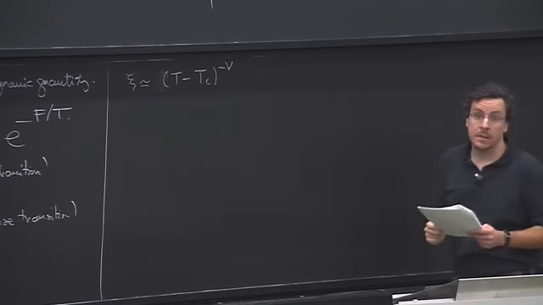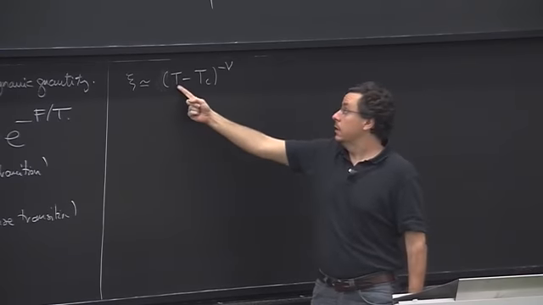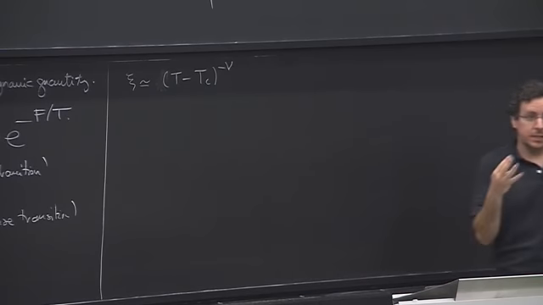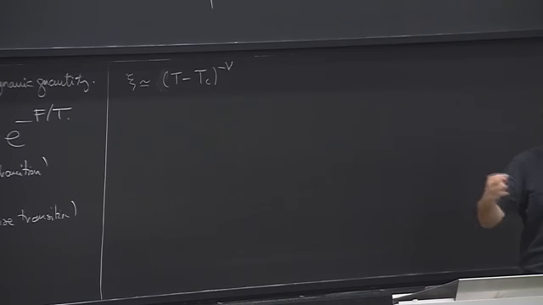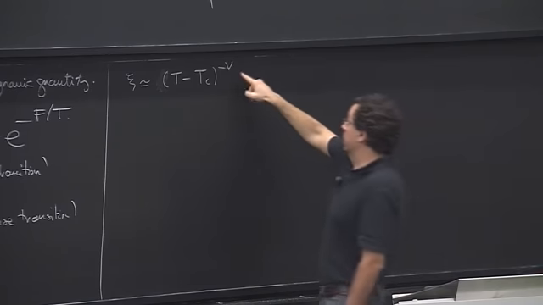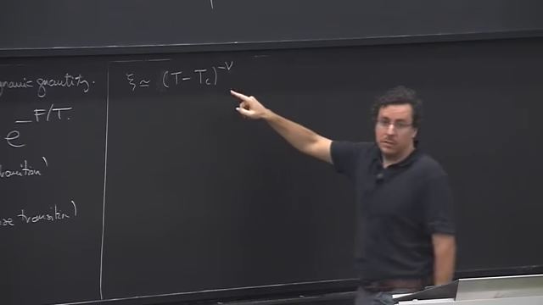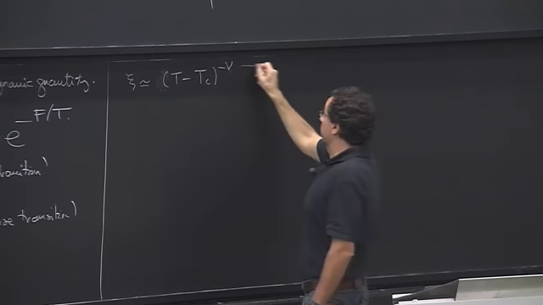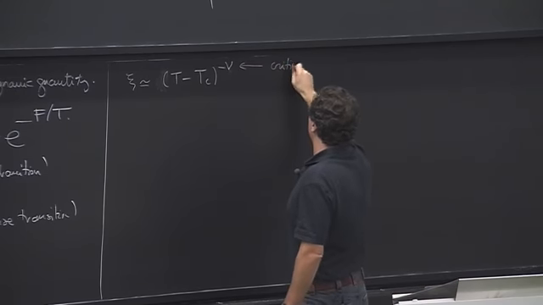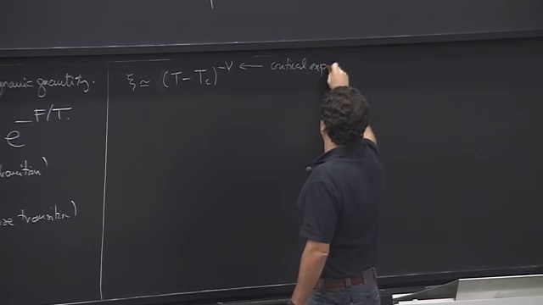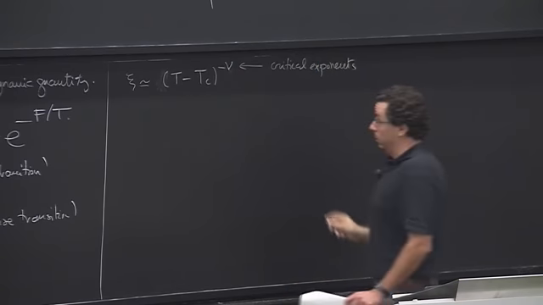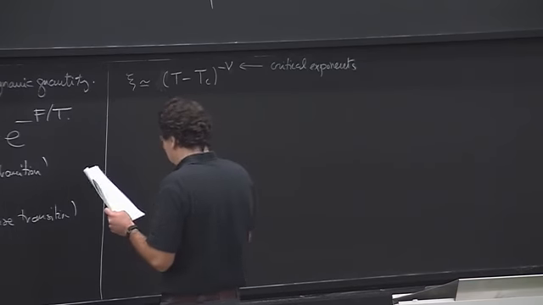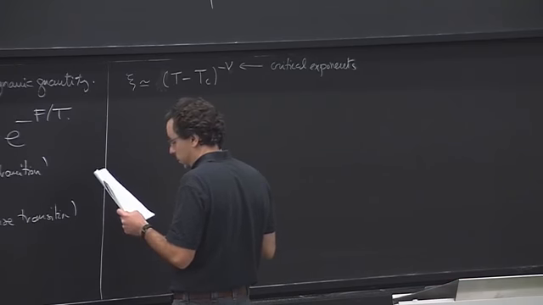Okay? Because as you approach the critical point, the correlation length blows up. But it blows up in a very characteristic way, some power law behavior. And these numbers are the whole subject of critical phenomena. And these are called the critical exponents, which, as I said, tell you how different thermodynamic quantities or correlation lengths blow up, not necessarily blow up, but behave as you approach the critical point.